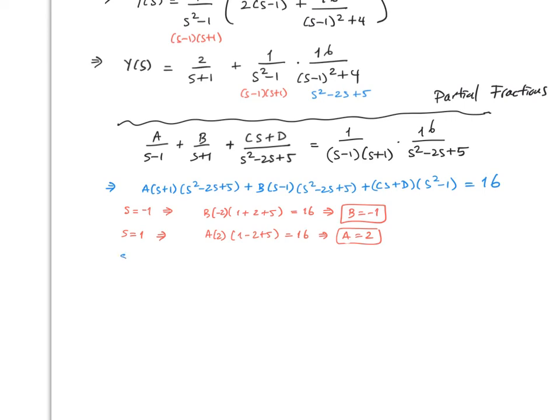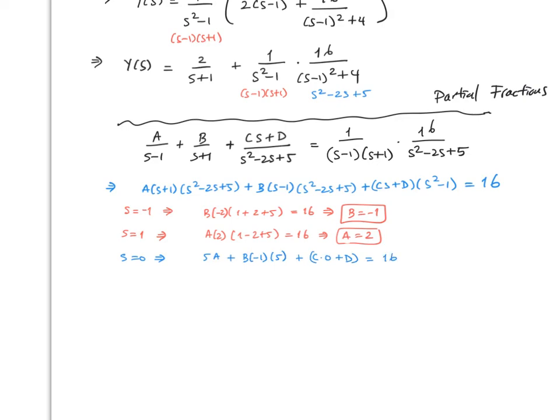Now, if s equals 0, then we're going to have 5A plus B times -1 times 5 plus C times 0 plus D, and all of this should equal 16.